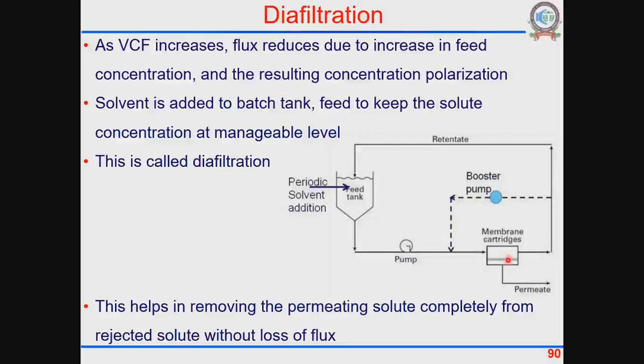So, in addition, because of the increase in concentration, the concentration polarization and the osmotic pressure gradient increase. We have seen that in the last session, in the problem where the initial and final flux differed, with the effective driving force changing by a factor of 3. Recall this problem.